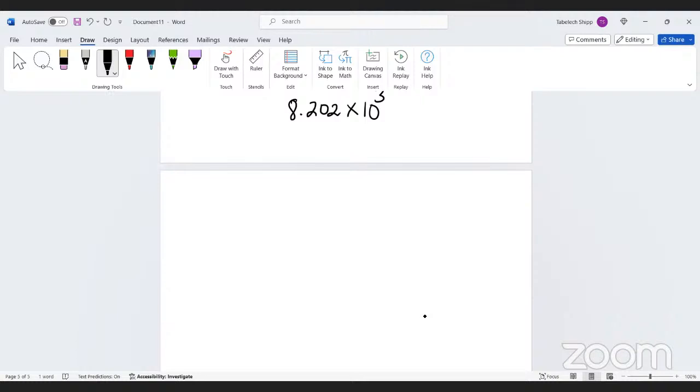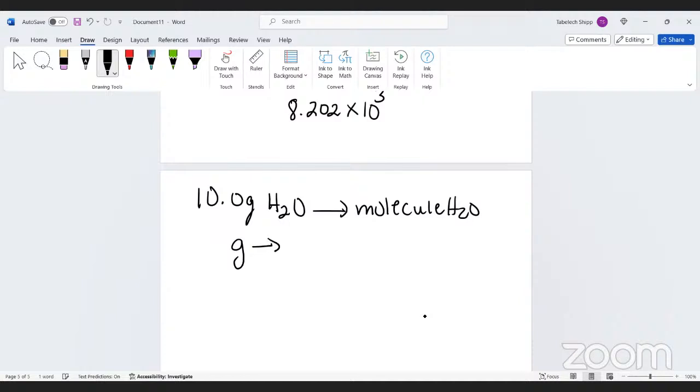Okay, so Diana asked, how many water molecules are there in a 10-gram sample? So you've got 10.0 grams of water that you have to convert to molecules of water. When you are going from grams to molecules, that's the same as going to atoms.